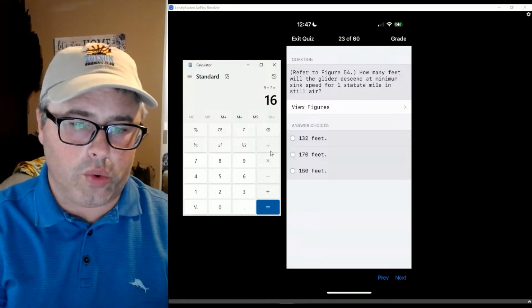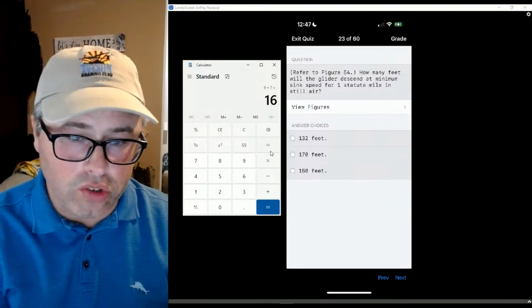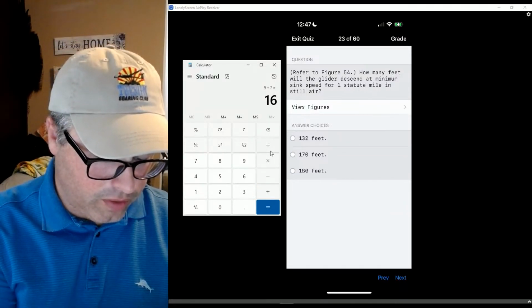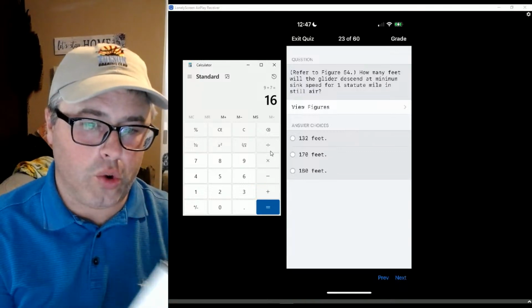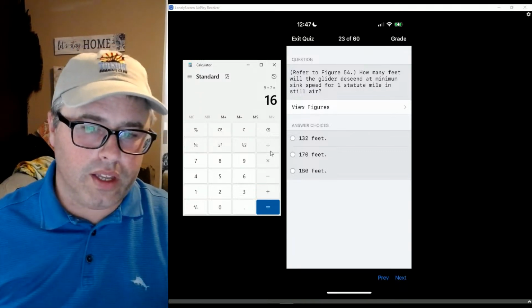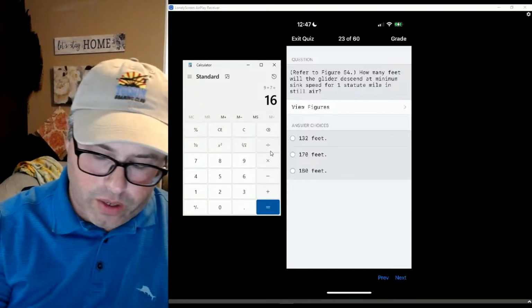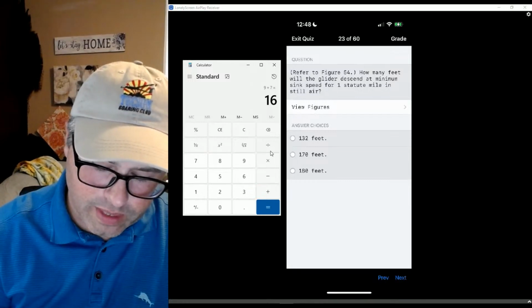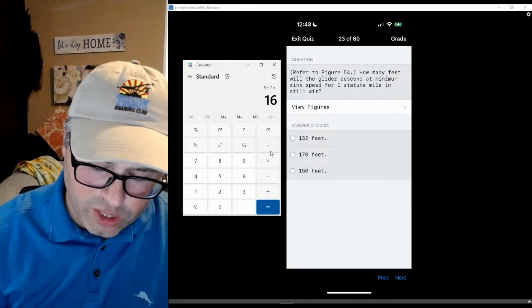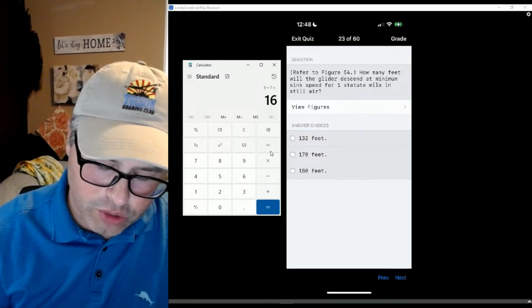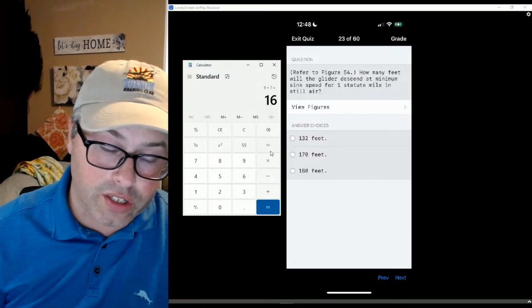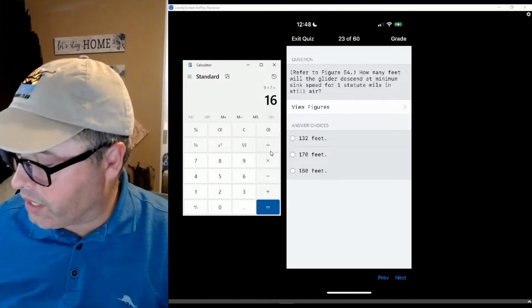Okay, so we're going to go 1 statute mile. Figure 54. Okay, so at minimum sink speed, okay? So min sink, 1 statute mile is what we go. 1 statute mile. How far down? In feet. So we're also going to have to convert miles to feet, feet to miles, okay?